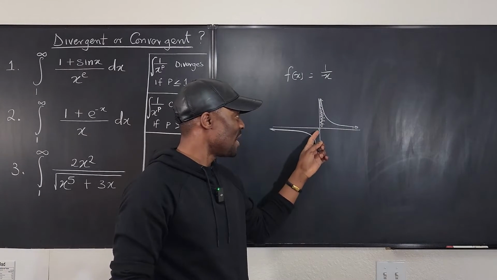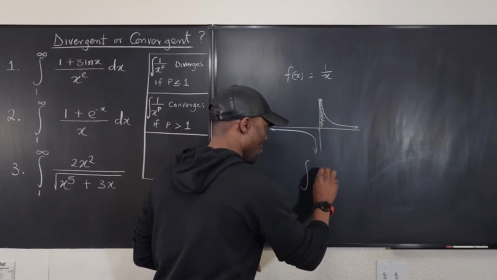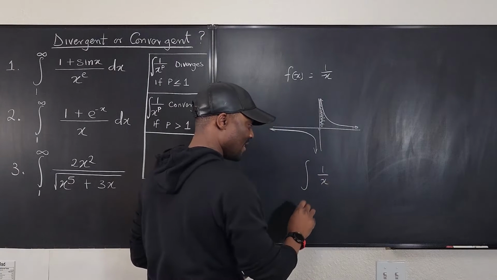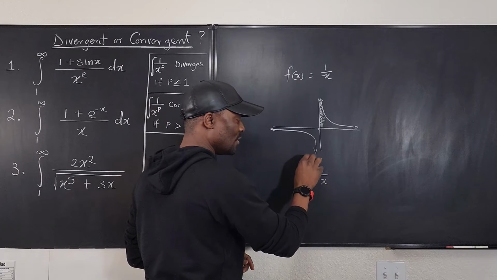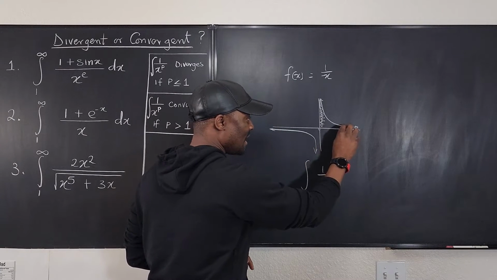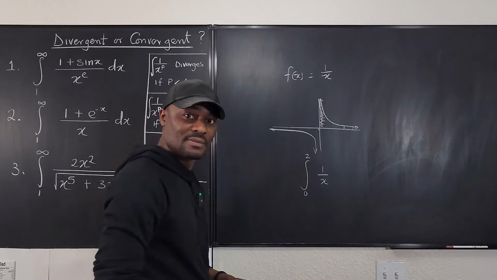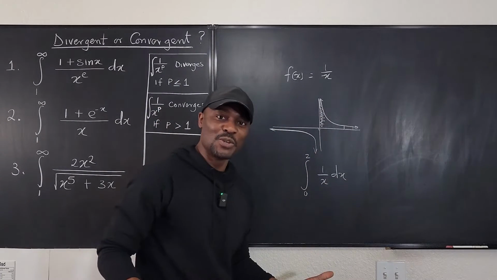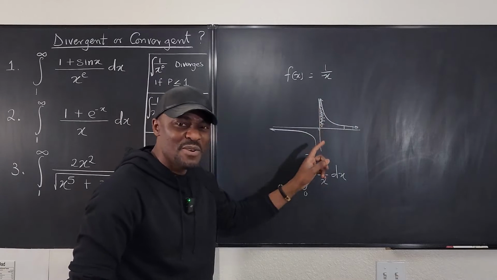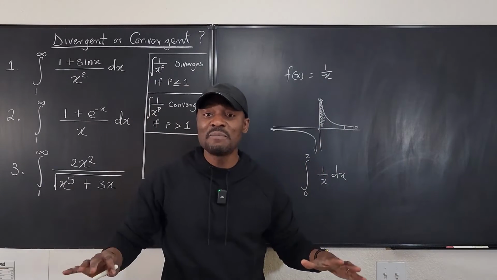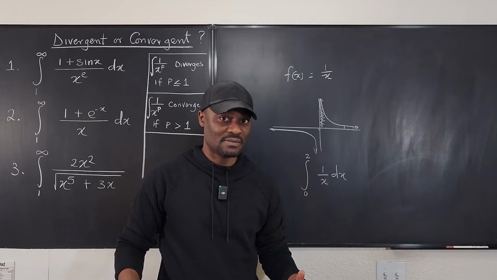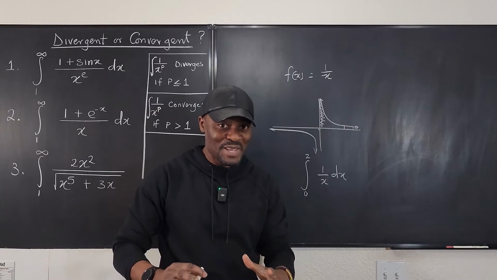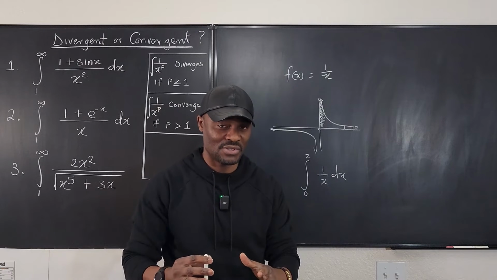You can't integrate 1 over x from 0 to, let's even say, 2. Okay? You can't do this. Why can't you do it? Because this tiny area is infinitely large, and that's the meaning of divergence. That's what it means for something to diverge.